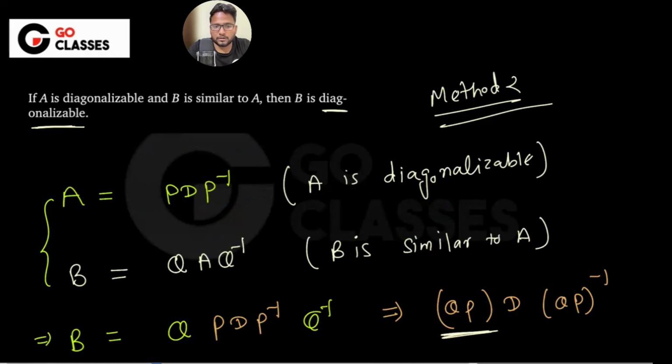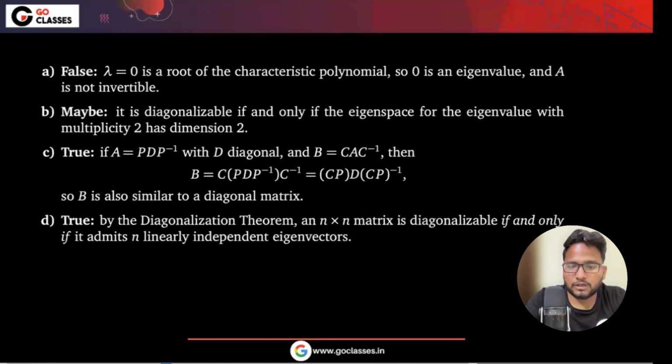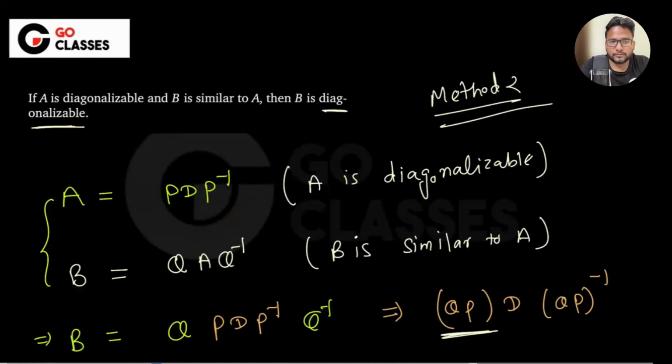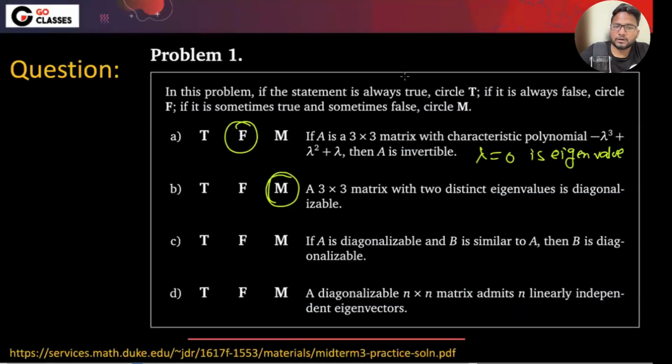Okay, cool. Now let's move to the next question. I think this was true. A is diagonalizable, and then A admits n linearly independent eigenvectors. So what do you think?